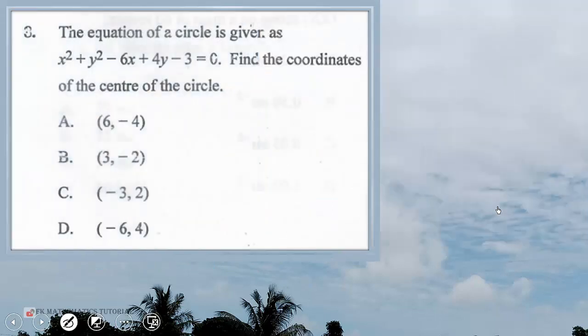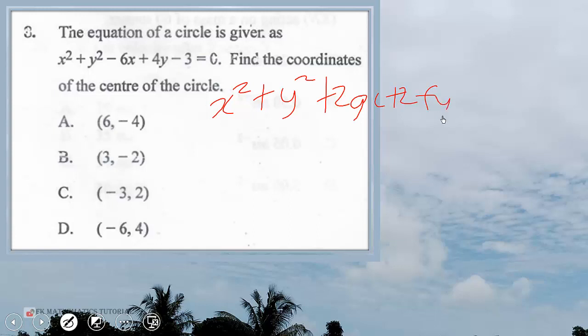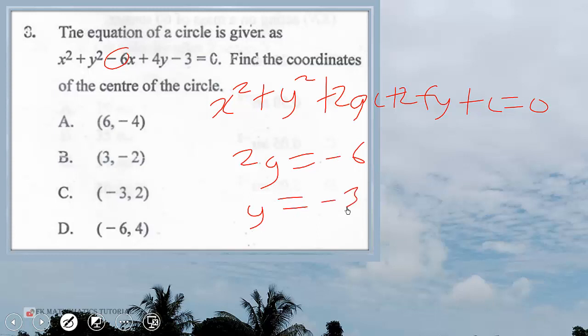Question number 8. The equation of a circle is given as x squared plus y squared minus 6x plus 4y minus 3 equals 0. Find the coordinates of the center of the circle. So you compare this circle to x squared plus y squared plus 2gx plus 2fy plus c equals 0. That's the general equation of the circle. So you see that 2g will be equal to negative 6, so g will be equal to negative 6 over 2, which is negative 3.